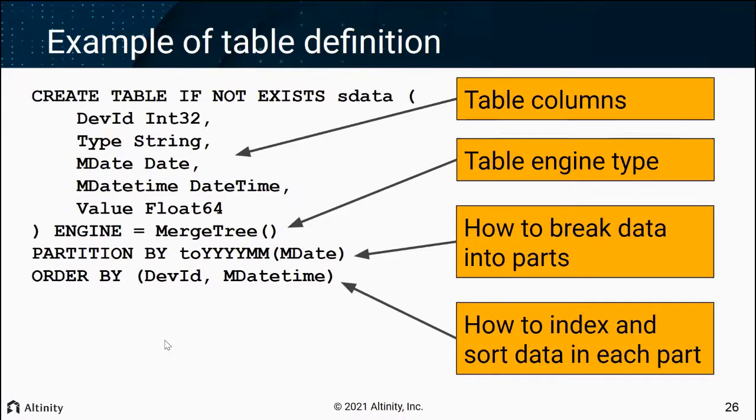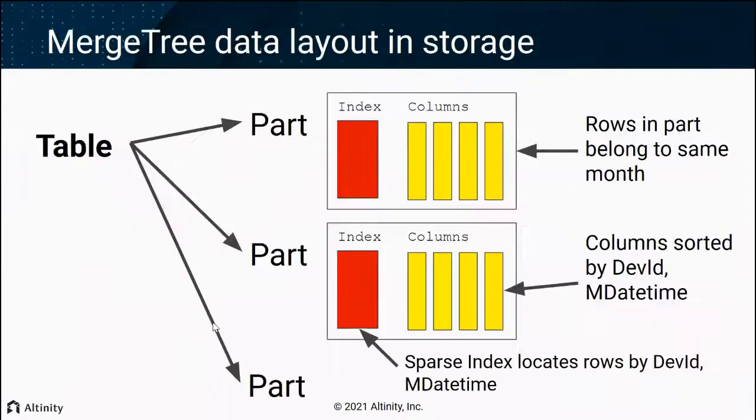So what happens in this table is if you look underneath, the table is broken up into parts. You can actually see this on the file system. It's a pretty open format. Within each part, if we had that table definition from before, all the rows in each part would belong to the same month.